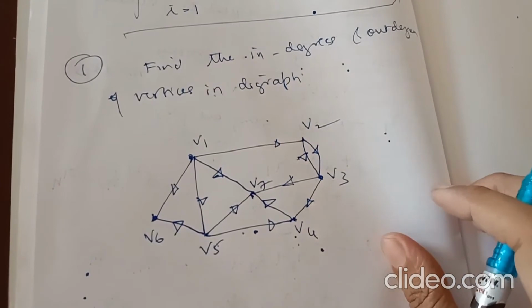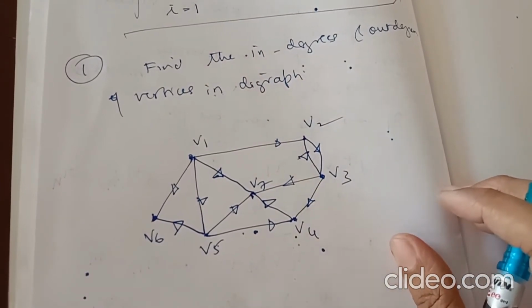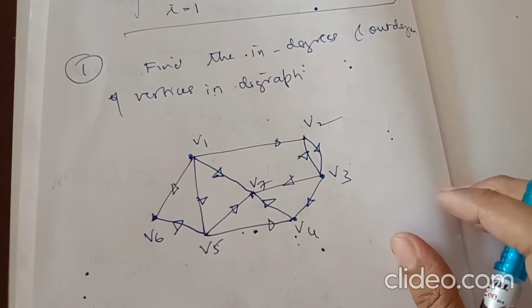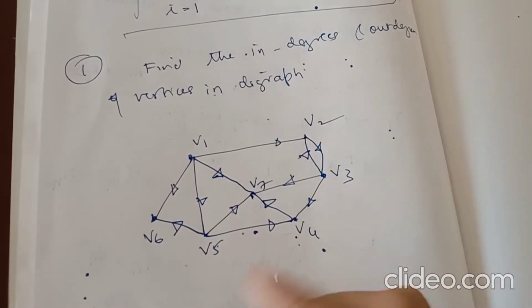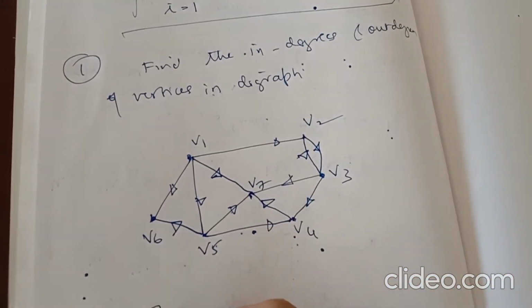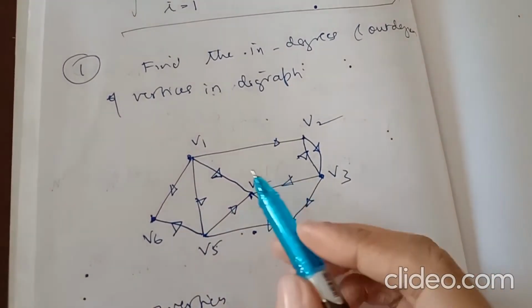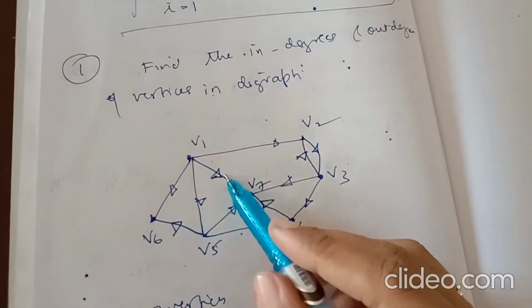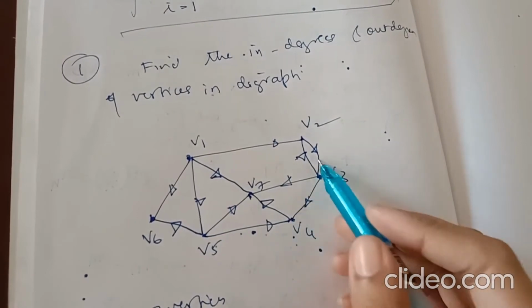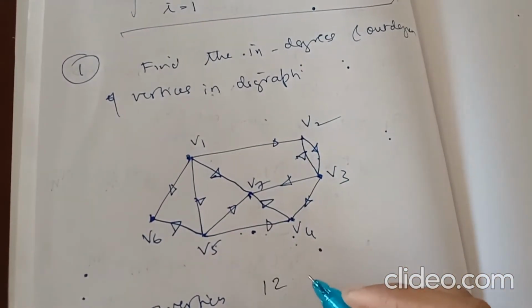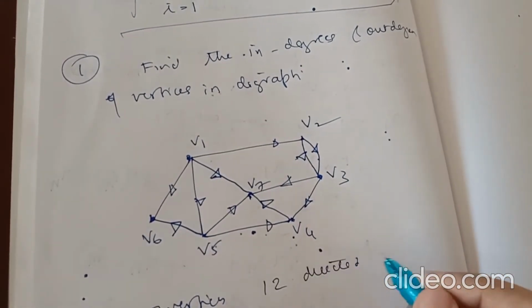They have asked you to find the in degrees and out degrees of the vertices. So the graph has how many vertices? The graph has 7 vertices, right? And how many edges? If we just count, there are 12 directed edges in the graph, right?